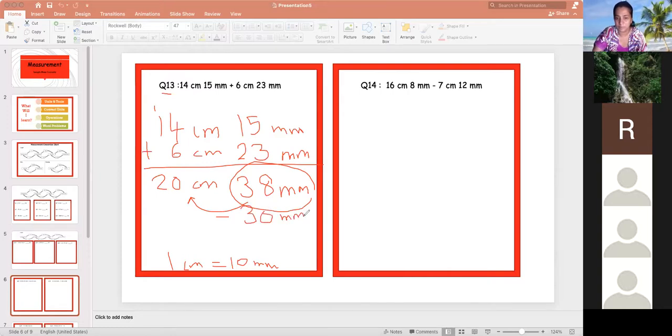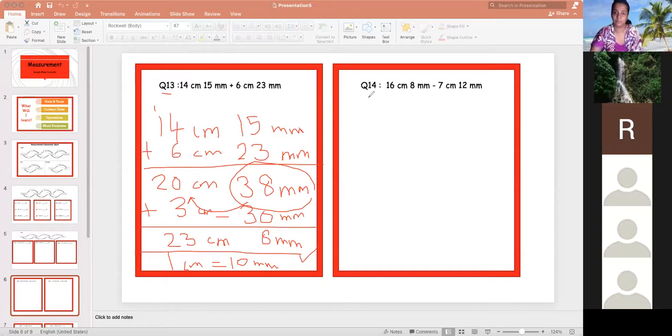Bila tolak 30, remember we did this in the topic of time? You plus with 3 centimeters. Now your answer will be 38 minus 30 will be 8 millimeter. Tinggal 8 millimeter. Dan 20 plus 3 is 23 centimeters. This is how you can leave your answer. Faham? That's right. I see some of you have given your answers.